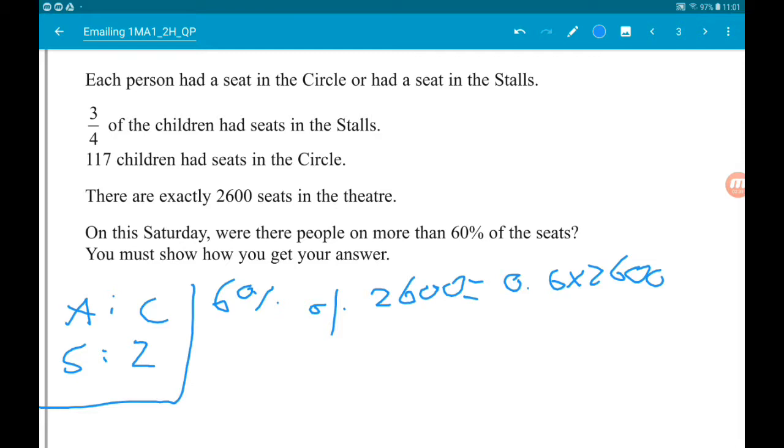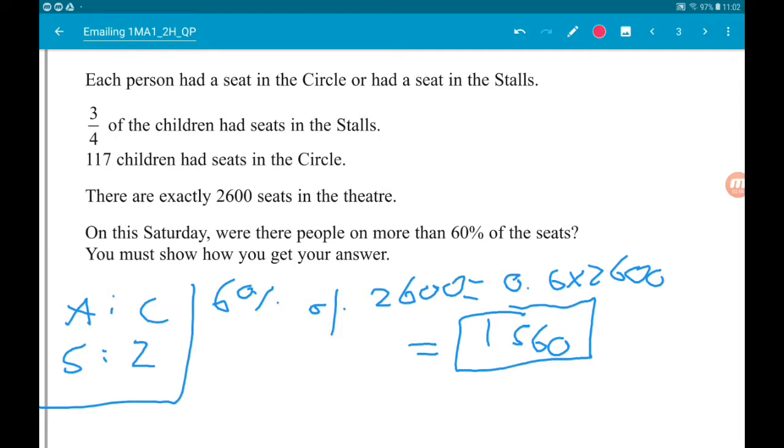Now that gives us 1,560. So that's our target number of seats.